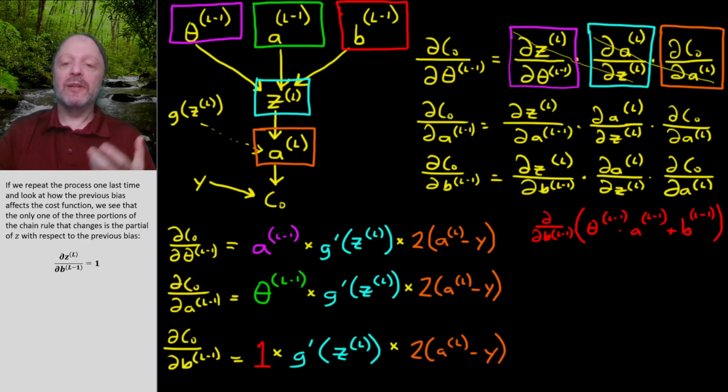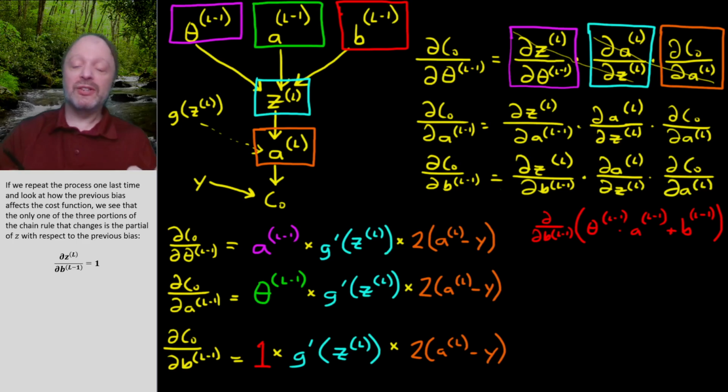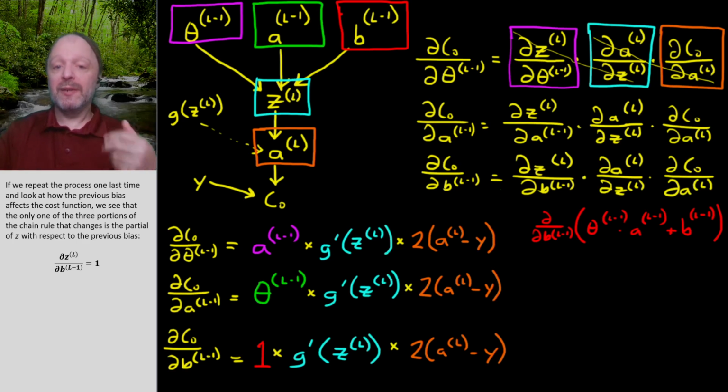What we've done is we have figured out, when we're trying to take the partial of the cost function in order to find the direction to nudge the parameters using gradient descent, the way that we do that is we have to look at how that cost function is affected by each of the three pieces: the previous weight, the previous activation, and the previous bias. Okay? So that's what we have down here at the bottom.